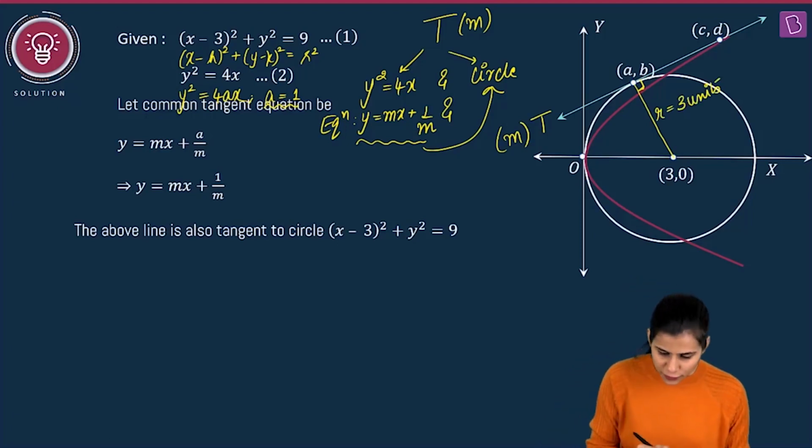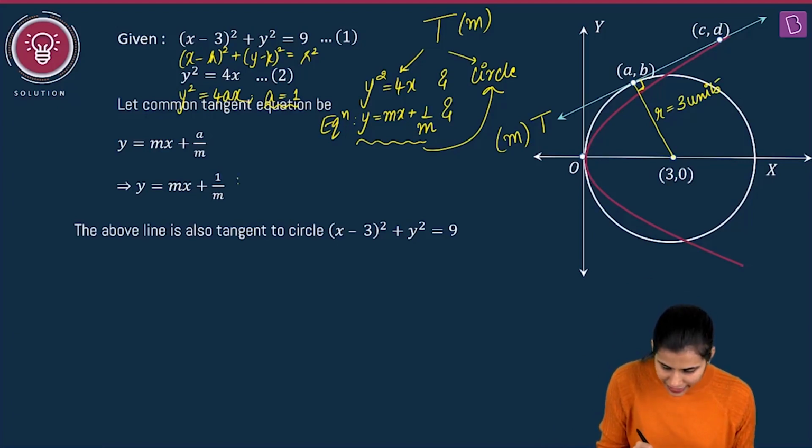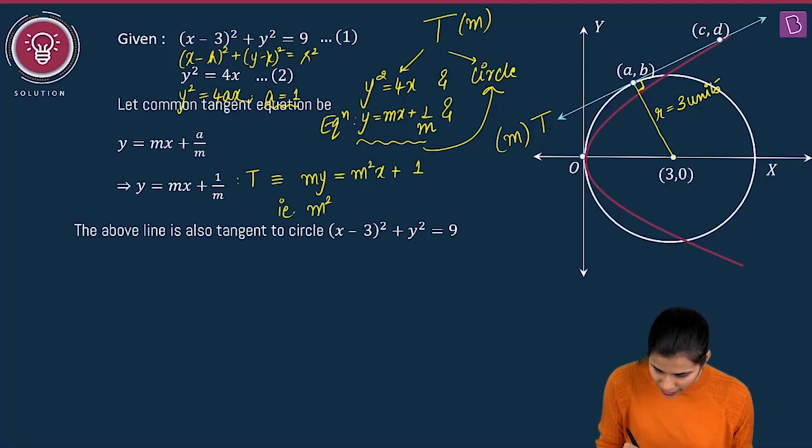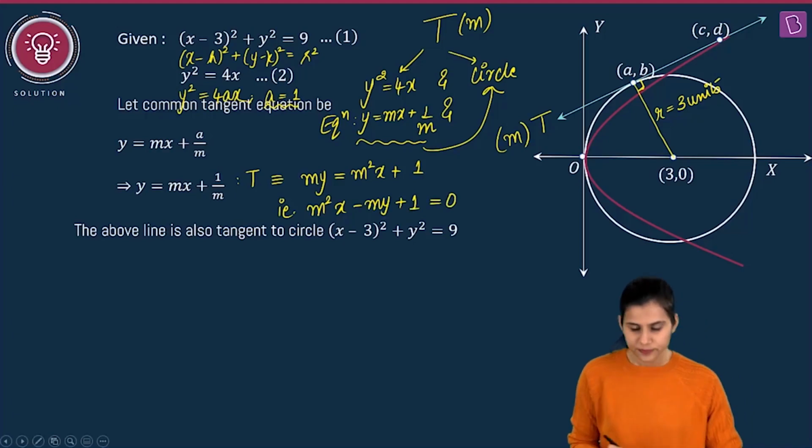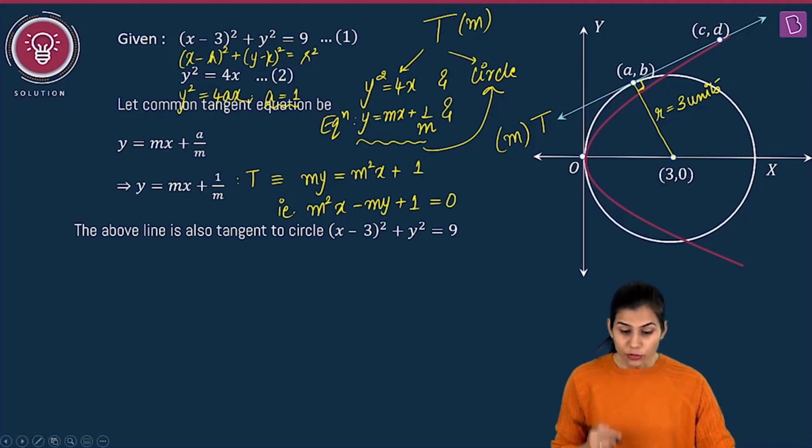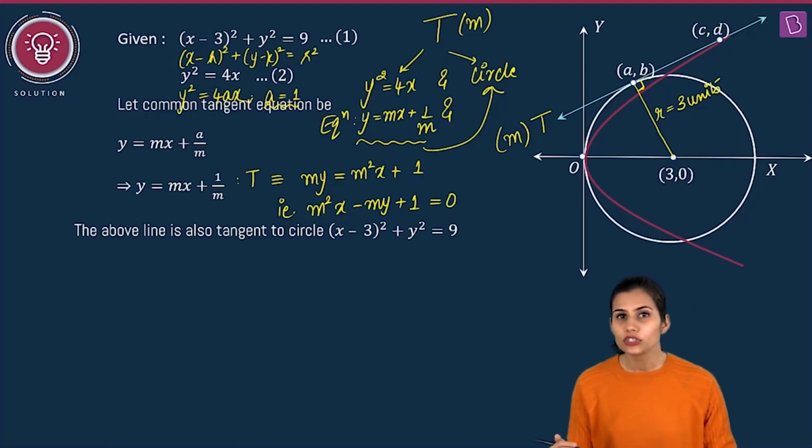All right. So first of all, let me write the equation of my tangent line in a prettier form. It will be my equals m square x plus 1, that is m square x minus my plus 1 equals 0. This is my tangent line. I want to compute its distance from the center (3, 0), and that will be equal to 3 units.